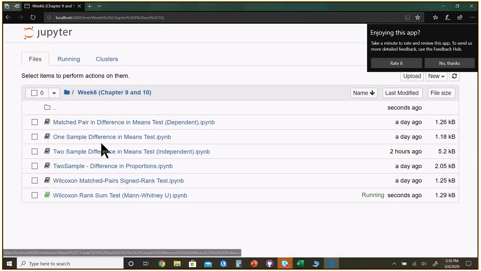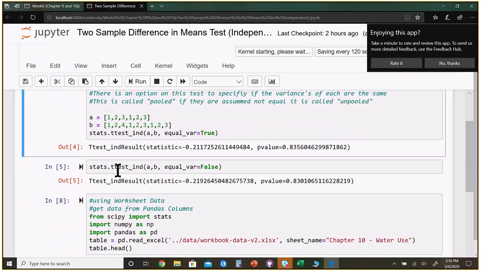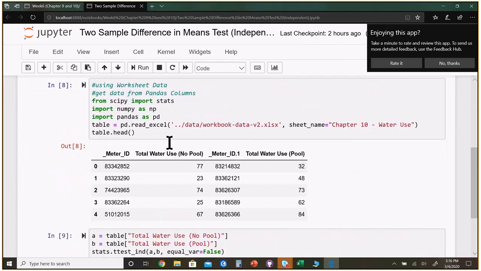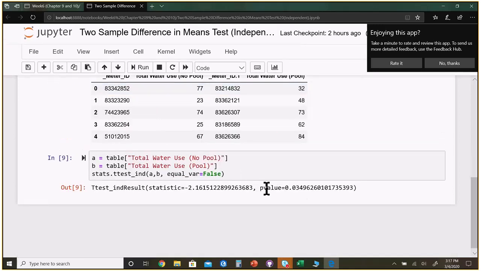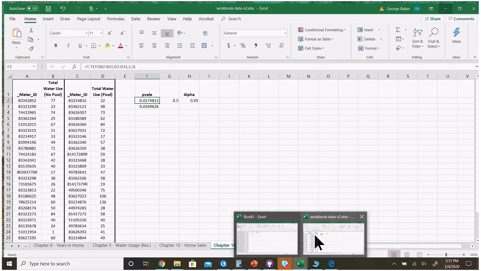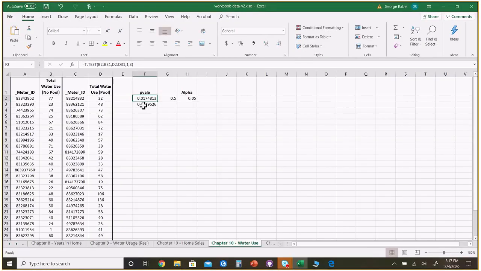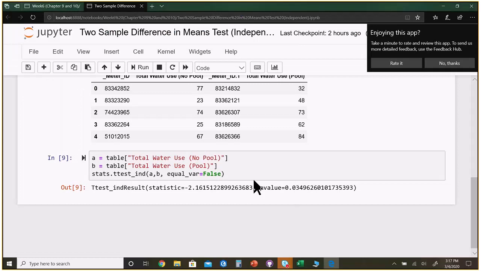The only example where I put a reading in Excel is one sample match pair. No, this one right here. So here I did a fake example, but then I also read in the water usage data and calculated the p-value, and it is the same as the two-sided p-value there.